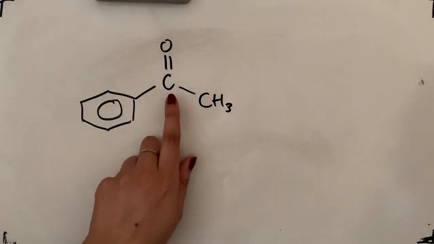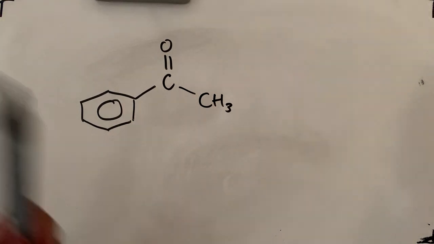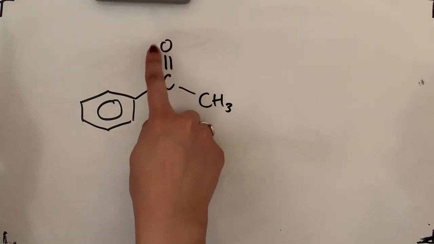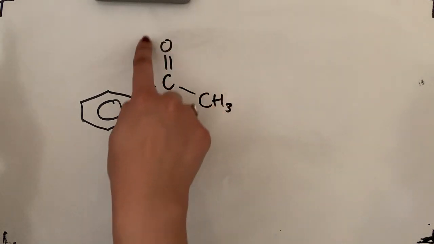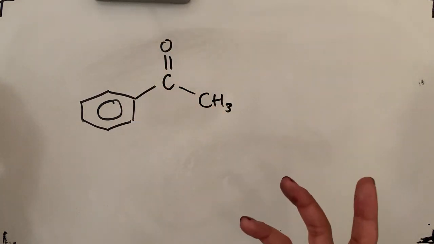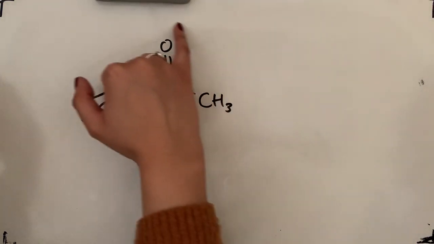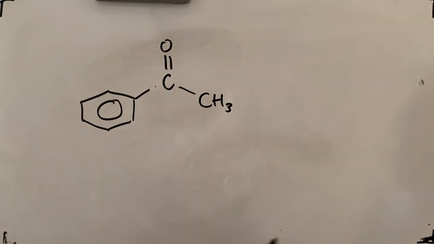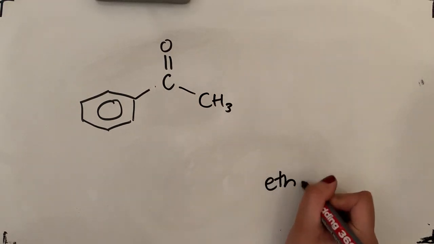Now, in this case, when you have a ketone, a carbonyl coming directly off of a benzene ring, this whole thing over here is going to be the parent compound. So this one over here is a ketone. It should end in -one. It's got 2 carbons, and therefore this one is ethanone.